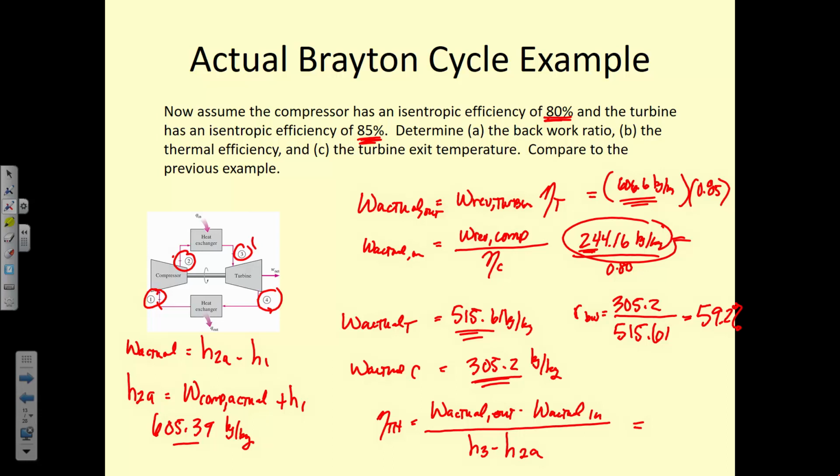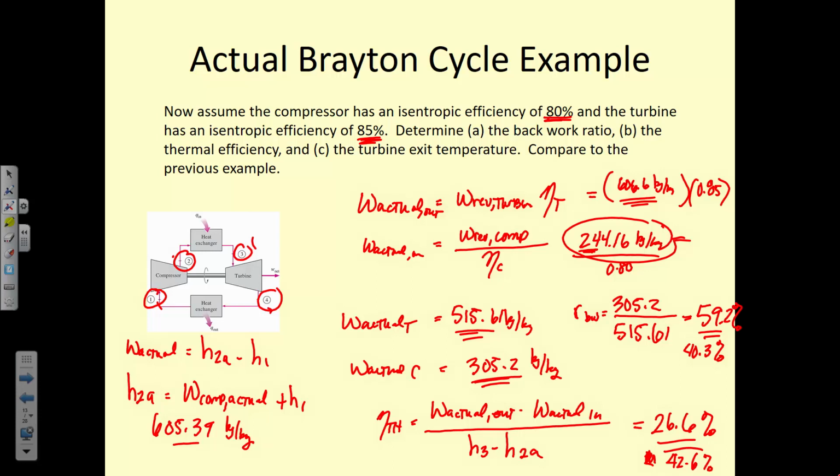The thermal efficiency now is 26.6%, compared to 40.3% for the back work ratio before, and 42.6. Okay, so our back work ratio has increased and our thermal efficiency has decreased when we look at the actual cycle compared to the ideal cycle. And that is to be expected.